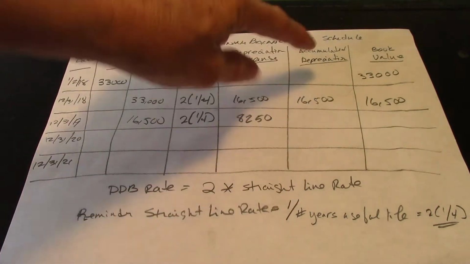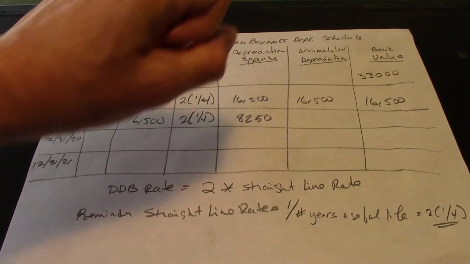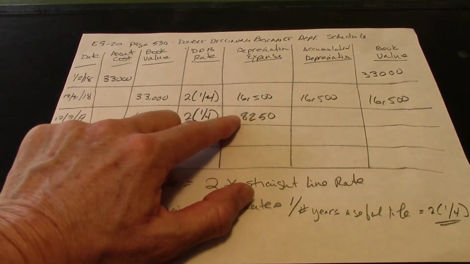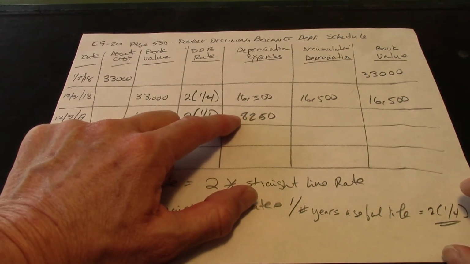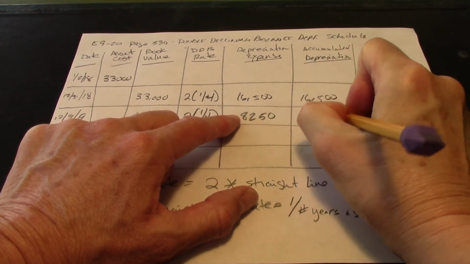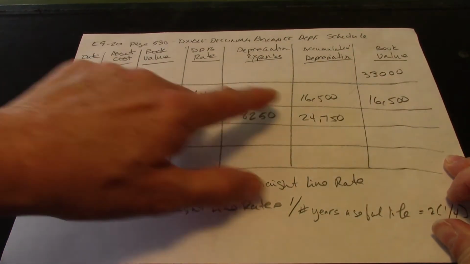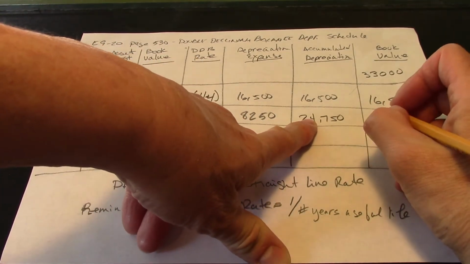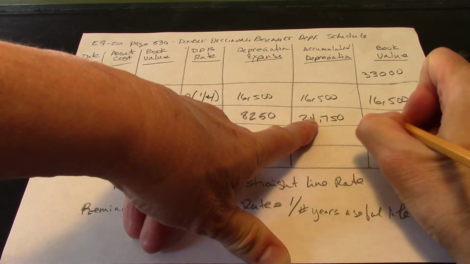So accumulated depreciation is always the old accumulated plus the new expense. So 16,500 plus 8,250 is 24,750. 33,000 minus 24,750 is equal to 8,250.